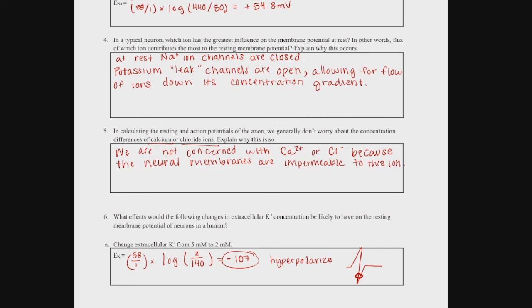It's not at resting and it's not close to having that all or none response. And yes, absolutely, I can put the form in again. So basically, when the cell is hyperpolarized, it makes it a lot harder for an action potential to proceed again.